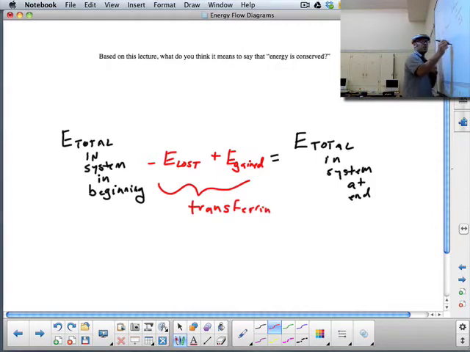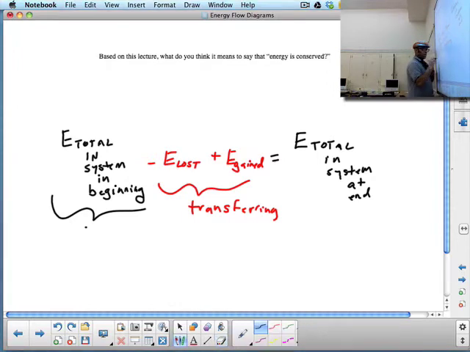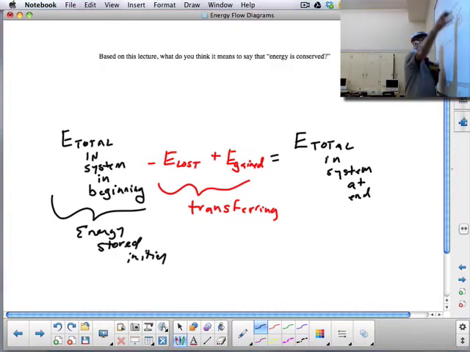Everybody good? This one, I'm talking about stored energy. Whoops, my bad. So energy stored initial. And this is what?